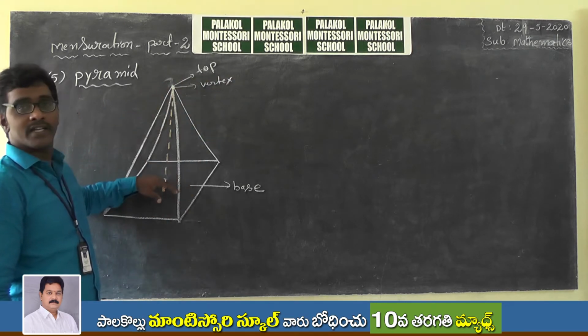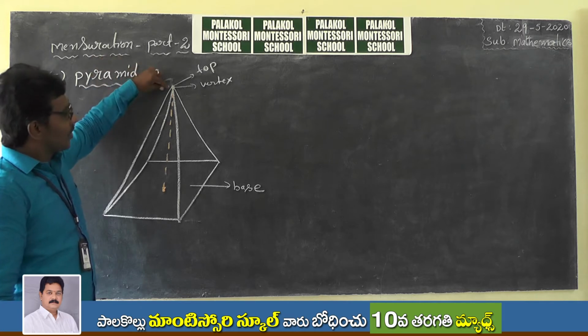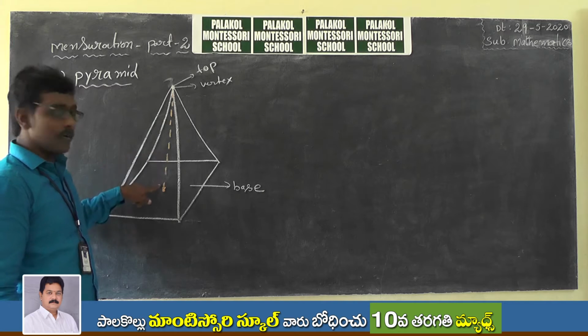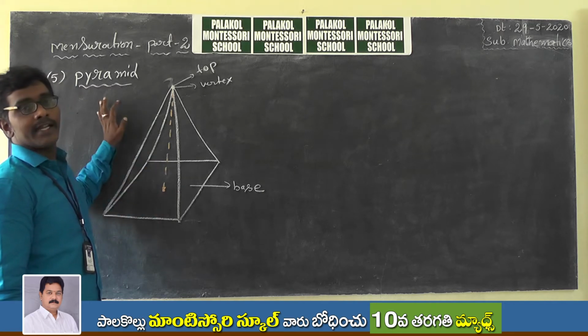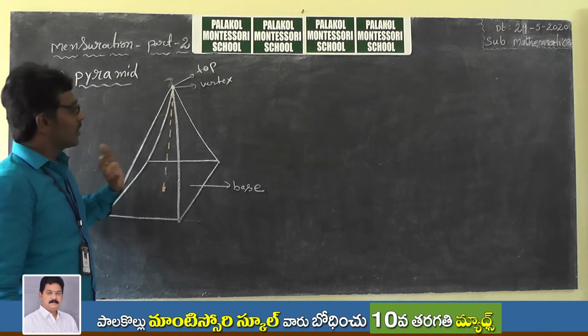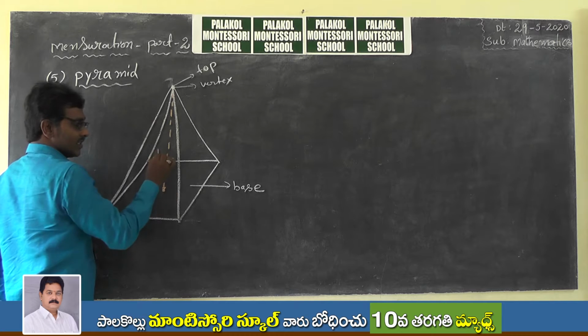These two are different, so it is called a pyramid. If you draw one line from the vertex to the base and that line is perpendicular to the base, that type of pyramid is a right pyramid. Here the height is considered h.